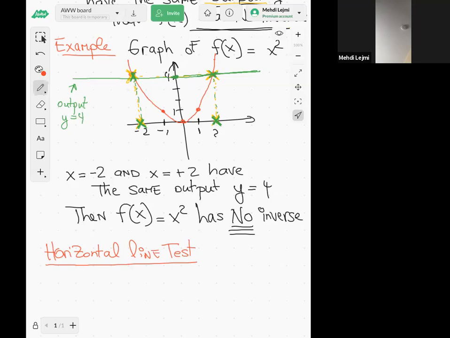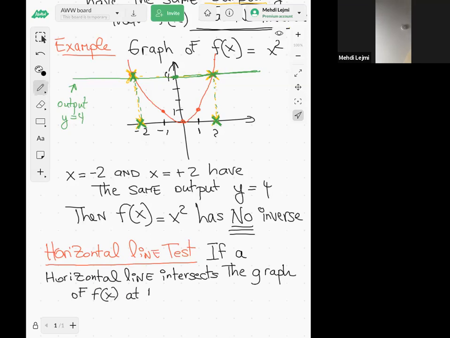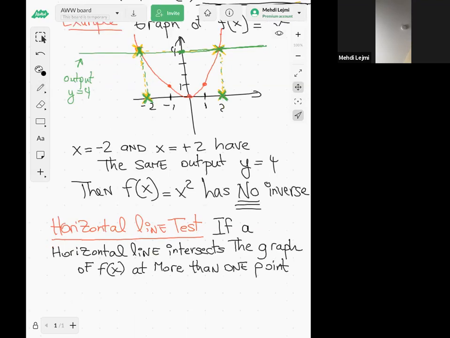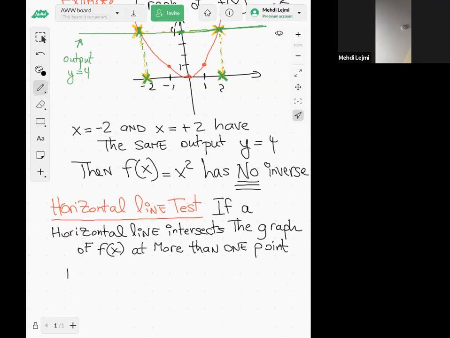Okay. So what does it say in the horizontal line test? If a horizontal line intersects the graph of f of x at more than 1 point, then f of x has no inverse.